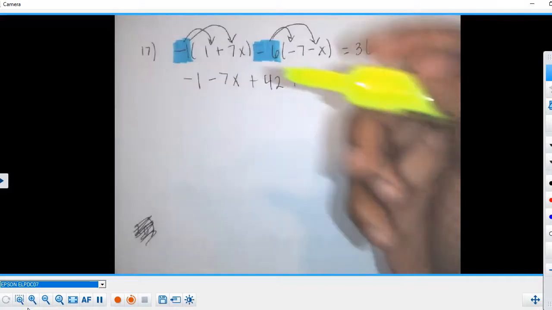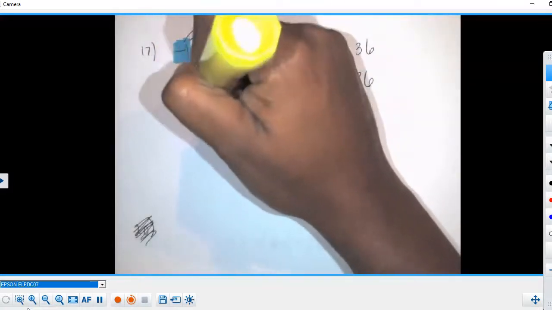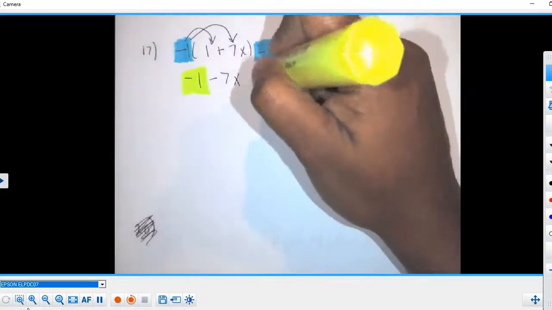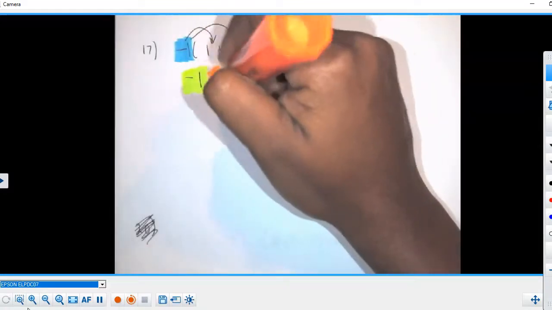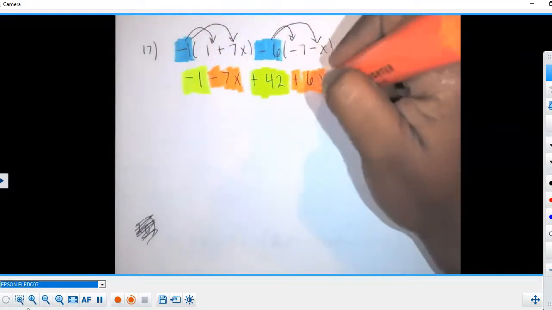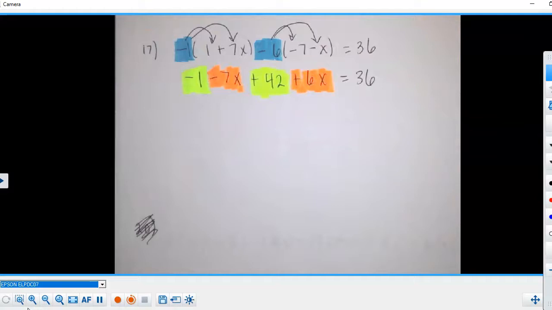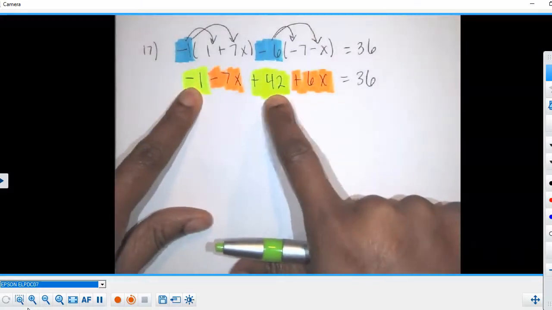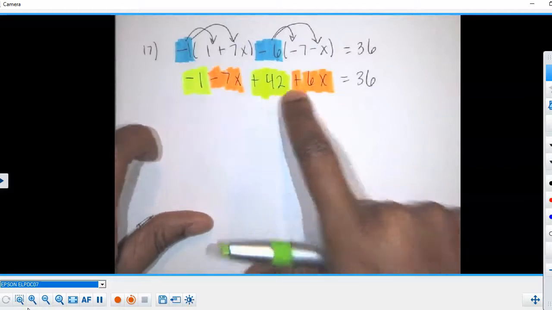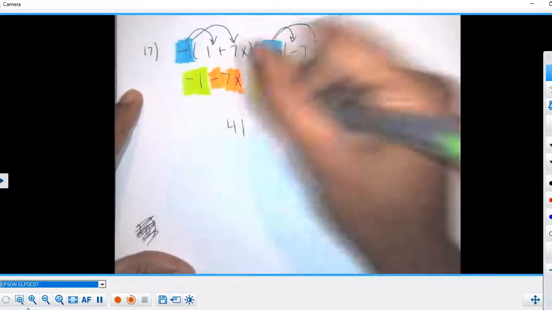So we're going to combine the negative 1, and the other number here is 42. He's positive. So those two are going to go together, and then I'm going to use some other colors. Negative 7x is going to combine with negative 6x. So those are our like terms there. So if I think of negative 1 plus 42, I'm subtracting, keeping the sign of the bigger number. This is a positive 41.